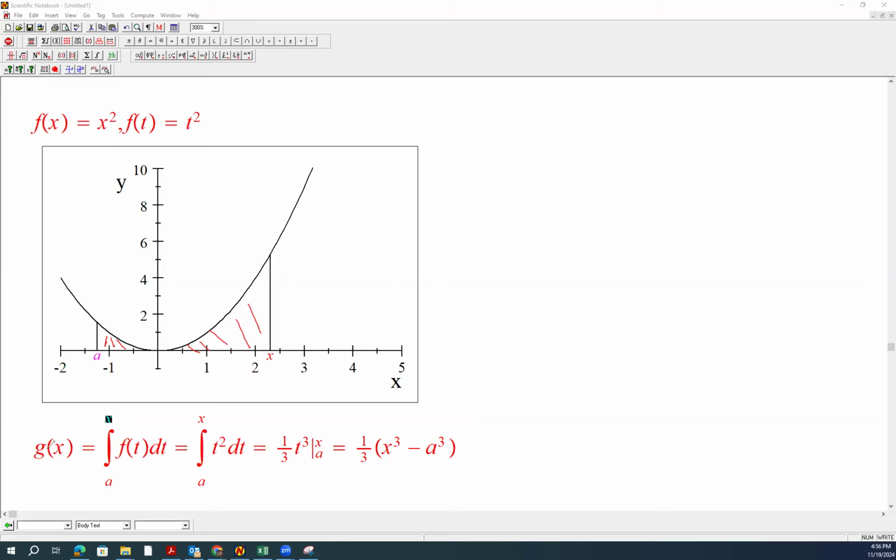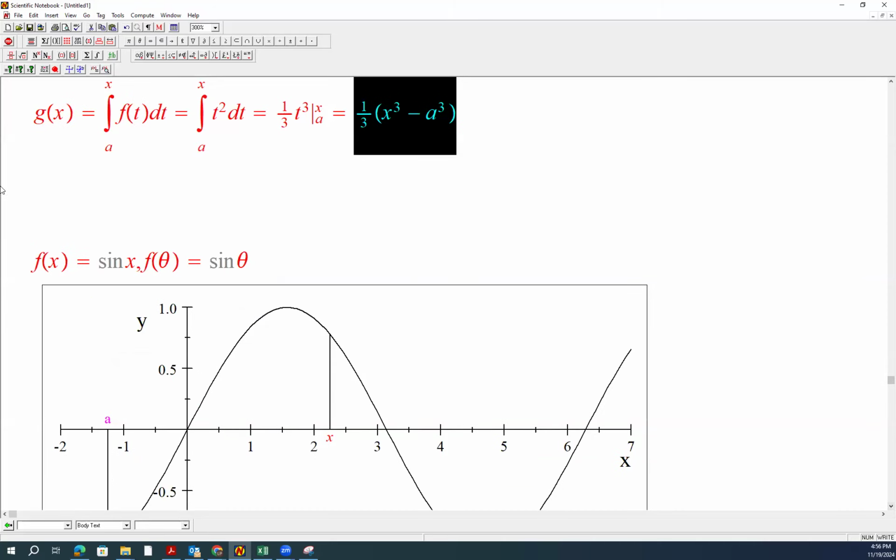So what if we take a derivative of g of x in this case? You may like to grab your paper and pencil to find the derivative. This is the g when f equals x squared, and we got g to be 1/3 of x to the power 3 minus a to the power 3.